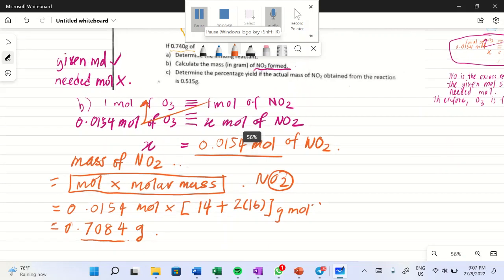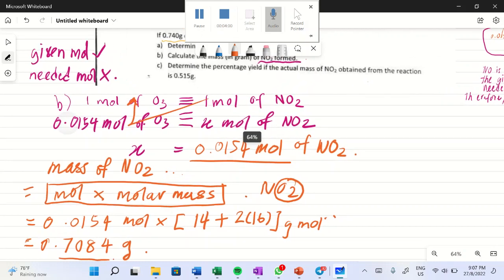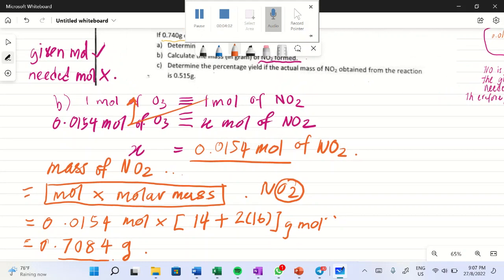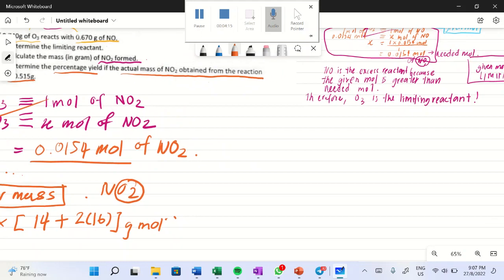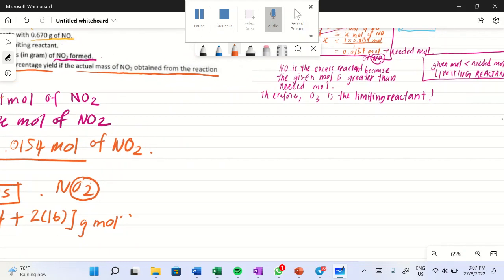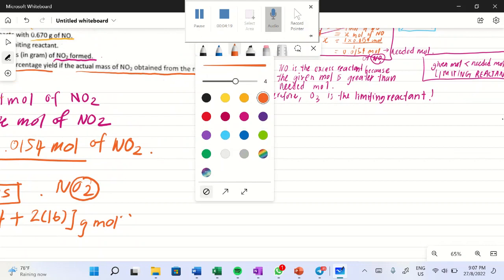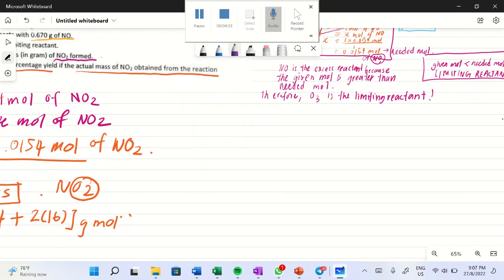And last question, C. Determine the percentage yield if the actual mass of NO2 obtained from the reaction is 0.515 gram. So how to do this? There's no way you don't have to memorize the formula.